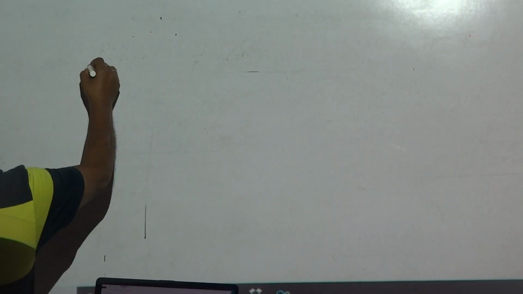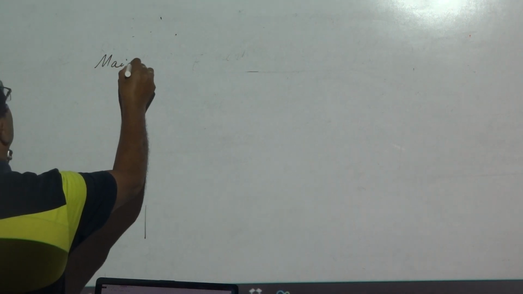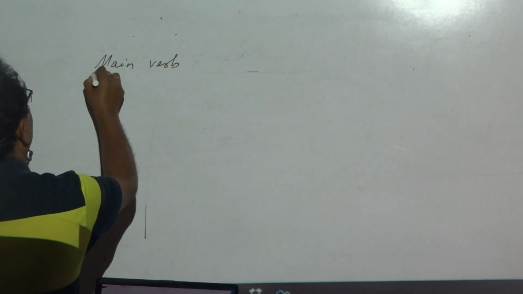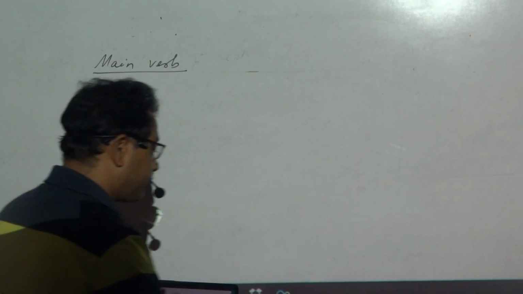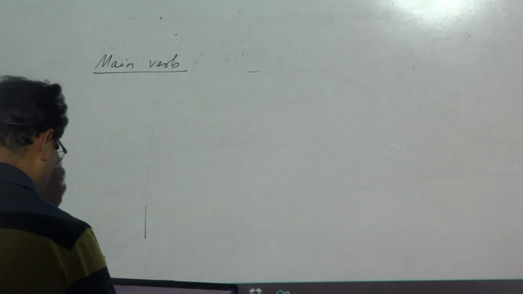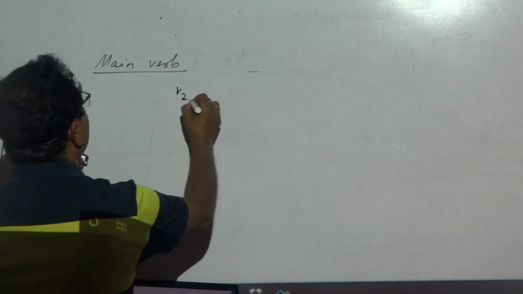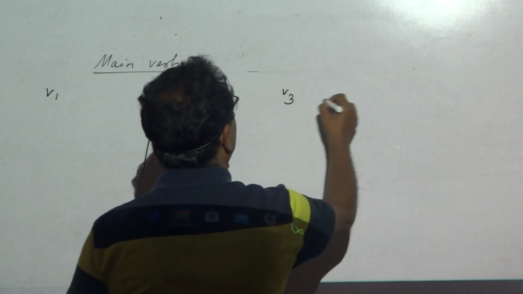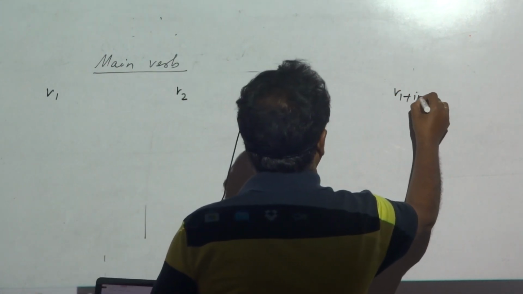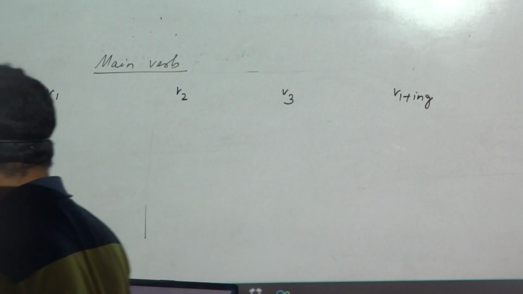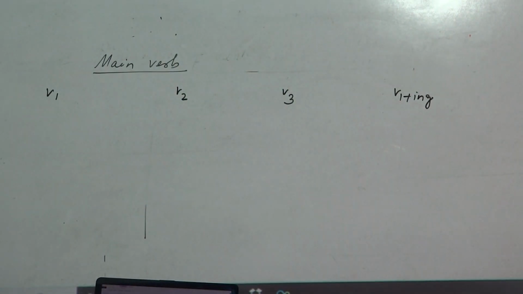Now, let me write main verb. Main verb has four forms: V1, V2, V3, V1 plus ing. These four forms everybody knows.